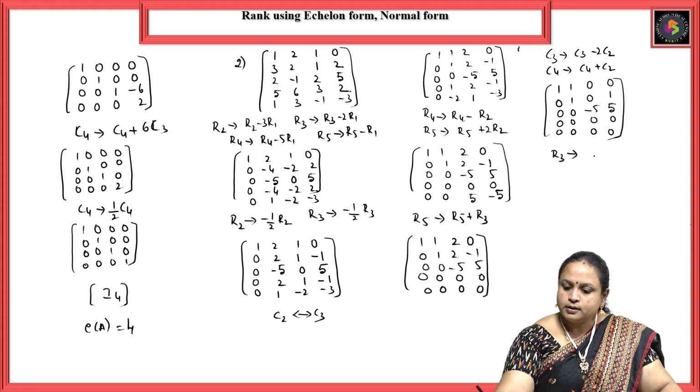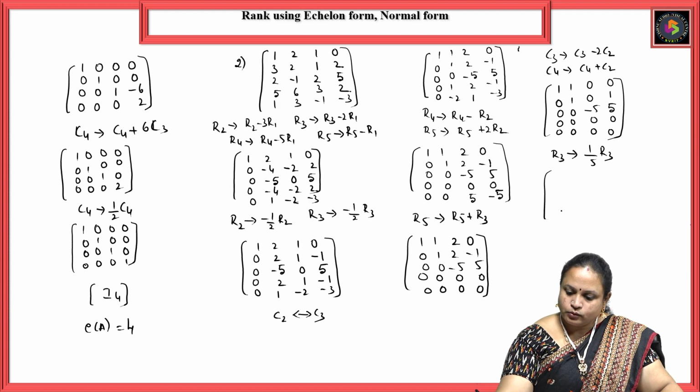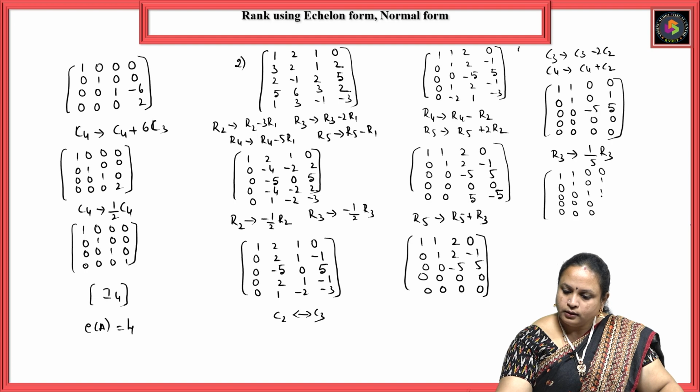Now let us apply R3 implies 1 by 5 R3. So we will get 1, 0, 0, 0, 0, then 1, 1, 0, 0, 0, and it is 0, 1, 1, sorry, it is minus 1, 0, 0.